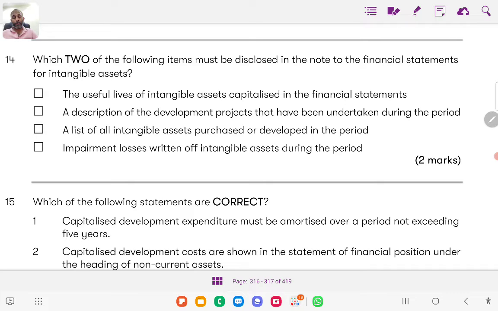That is at the next level of presentation, which you can look into in the ledger or other information available within the company. The fourth one, impairment losses written off intangible assets during the period, is another requirement. So the two options you need to choose are the first and the last. That is question number 14.